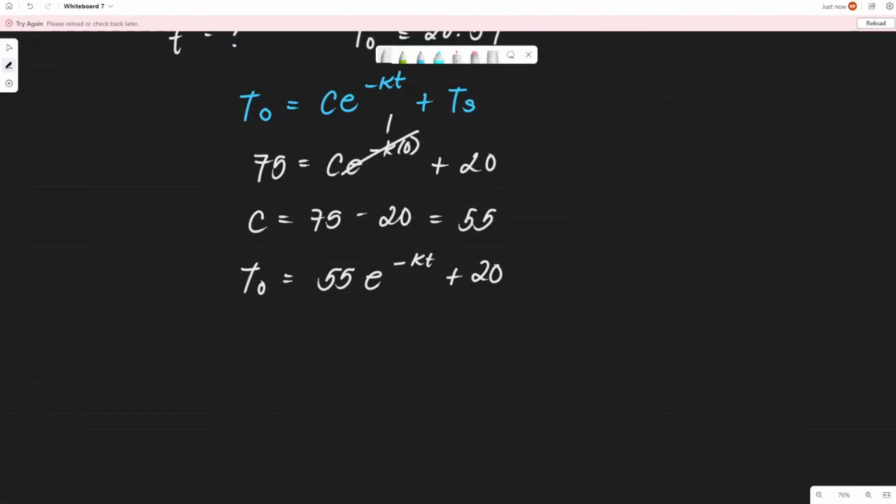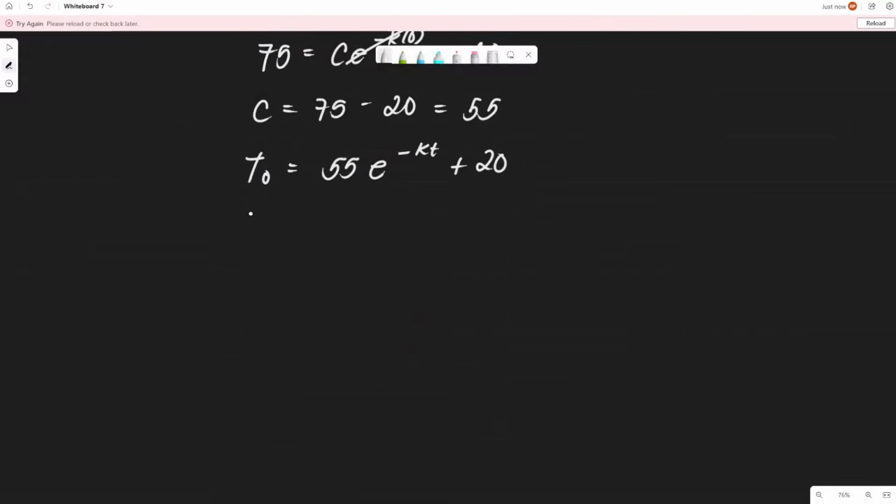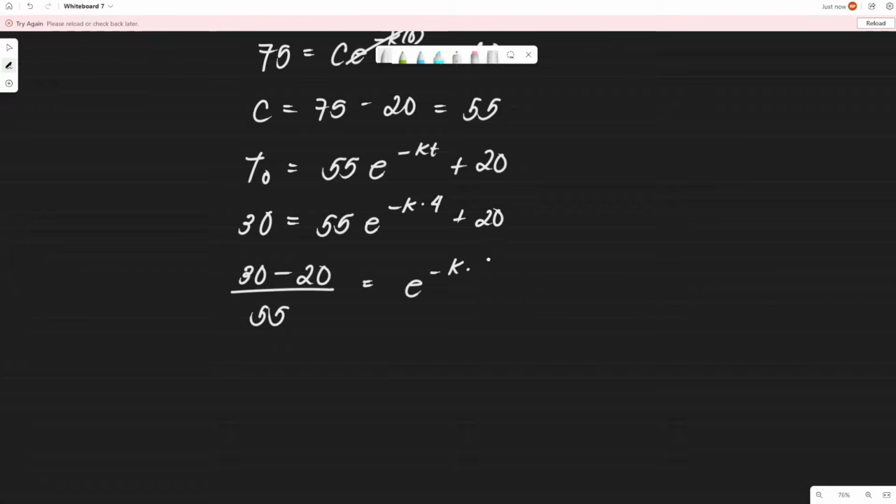We don't know k yet, so we need another set of values to get k. What's next? The 30 degrees when t equals 4. So 30 equals 55 e raised to negative k times 4 plus 20. So 30 minus 20 over 55 equals e raised to negative k times 4.